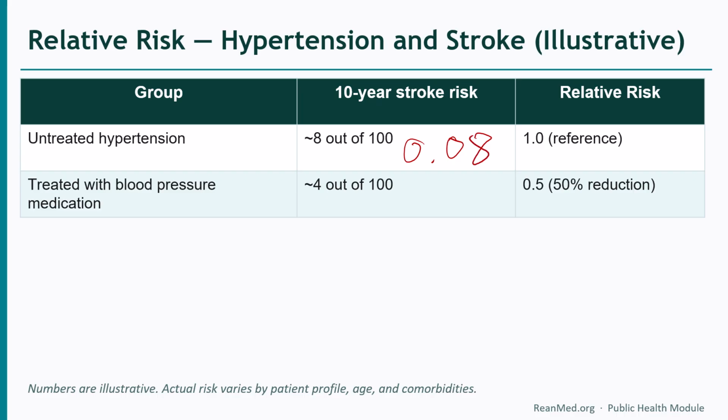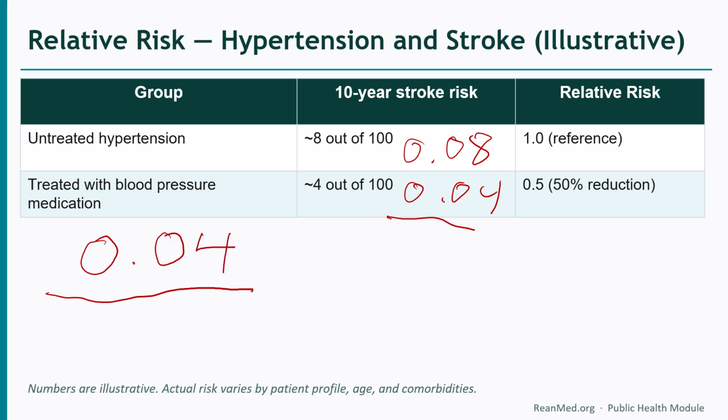For people who did take a medication, 4 out of 100 had the stroke. 4 divided by 100 is 0.04. Now we want to calculate the relative risk. So first, on top, we put the risk when you were in the treatment group. The risk when you take the medication is 0.04, remember?